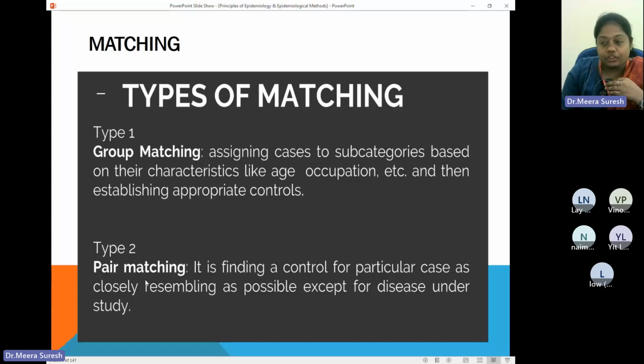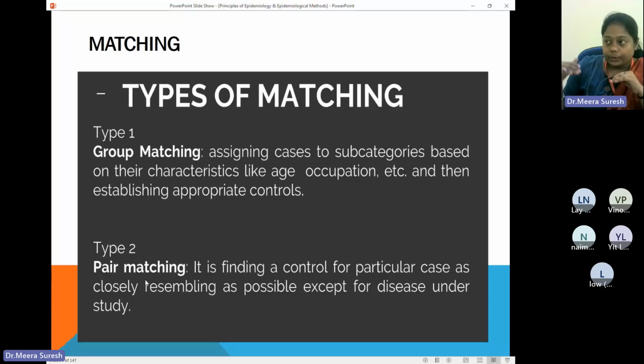A matching between me and the control. That is pair matching. You can select like that. Or if it was a group matching, I belong to, you can put me into a group of lecturers. So then you will be having a group of lecturers in the control group.